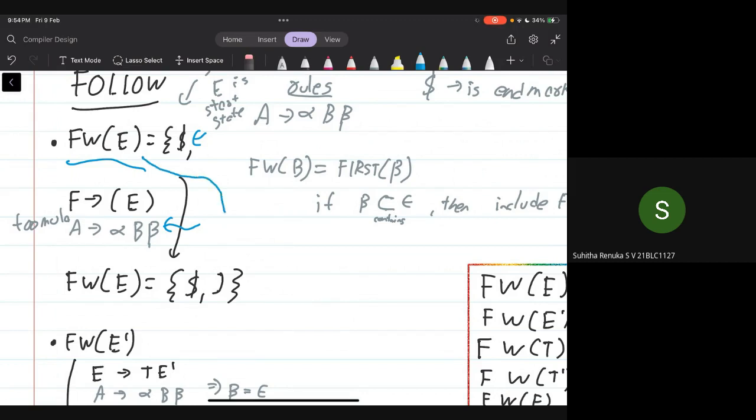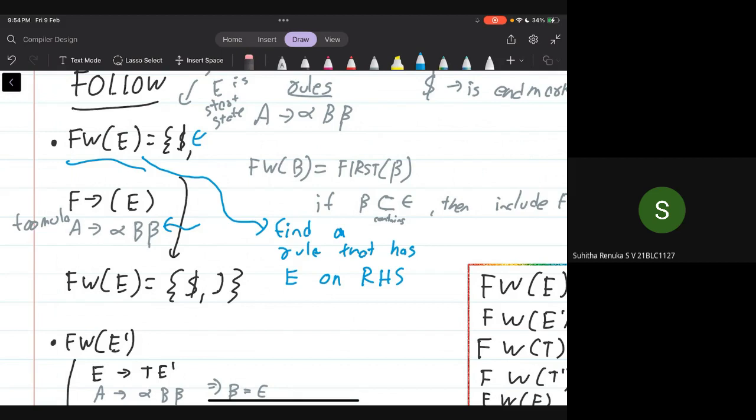For follow of E, find a rule that has E on RHS. Do you understand that? Follow of E means first I should find a rule that has E on RHS, which is F goes to opening bracket E closing bracket.